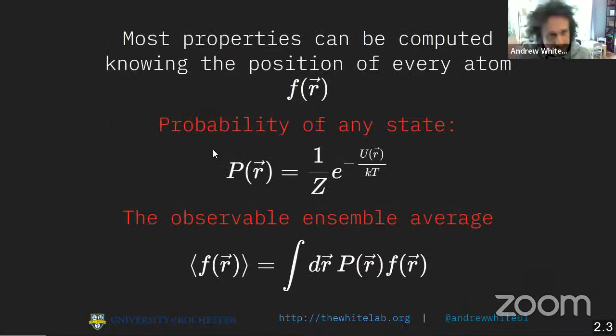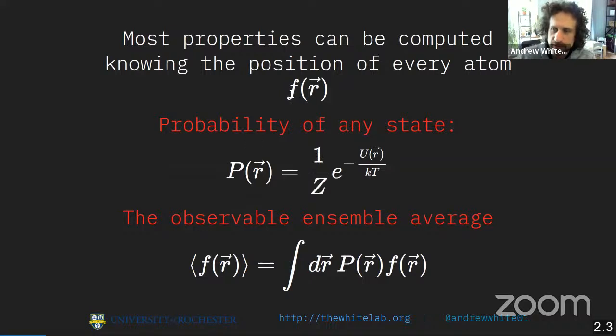We can quantify this with statistical mechanics. What's really nice about running molecular dynamics is that even though the probability of any configuration is the Boltzmann distribution, which is complicated to compute analytically, when we run molecular dynamics we just sample directly from it. So we don't need to compute this exponential, and we can just take an arithmetic average to compute the expected value.